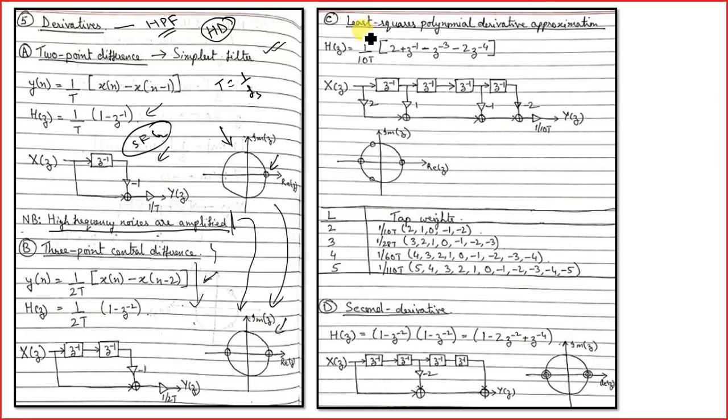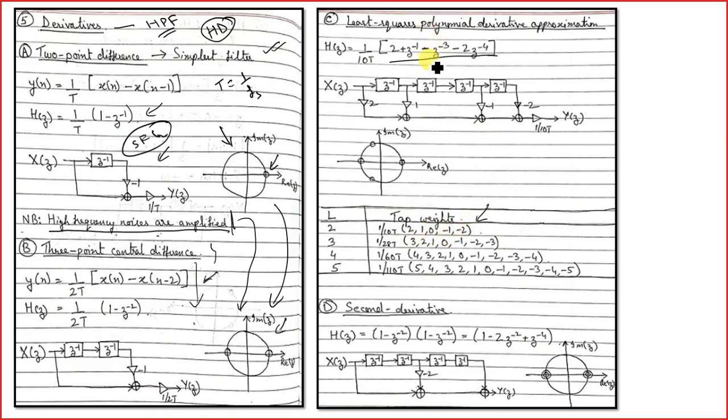Then coming to the next type of derivative filter, the least squares polynomial derivative filter. Here you have 2, 1, -1, -2. If you look at the tap weights, they are 2, 1, 0, -1, -2.